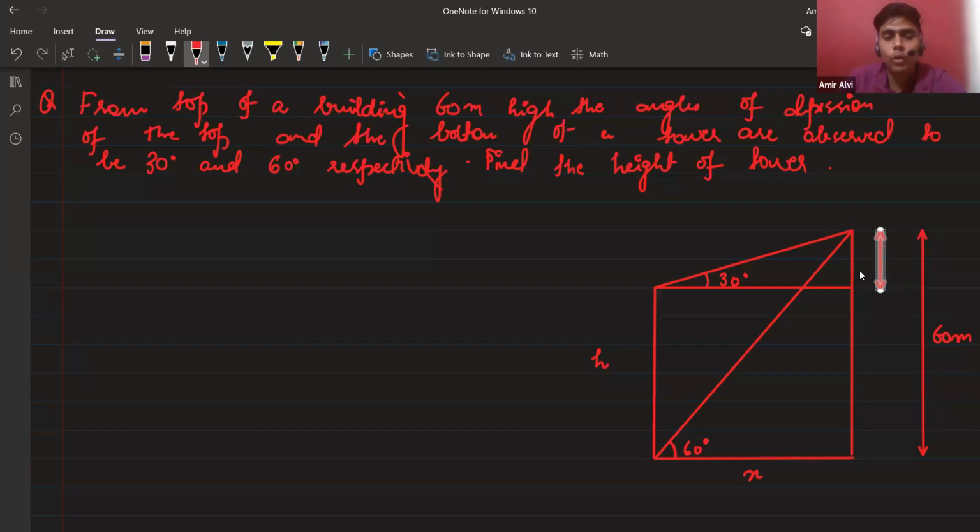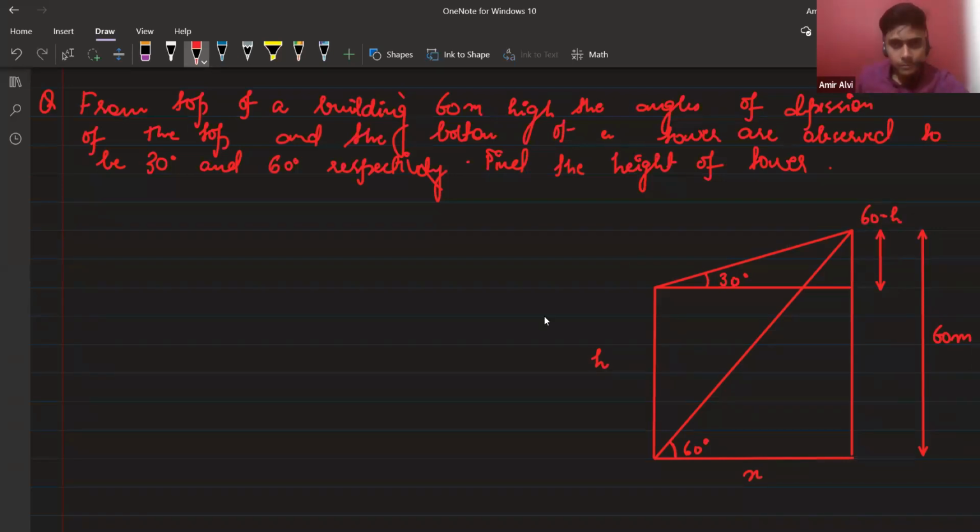What will be the value of this part that I've drawn? 60 minus h. Very good. Why? Because total is 60, and if I subtract the height h, I will get only 60 minus h. Yes or no?